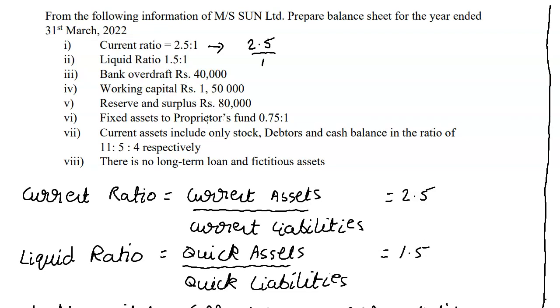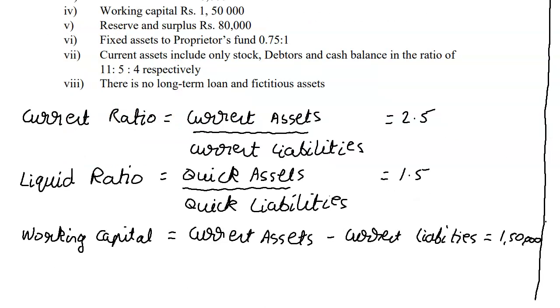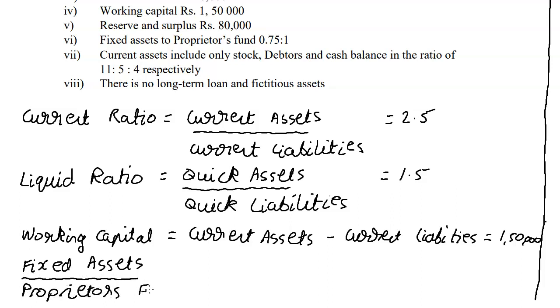Next, we have fixed assets to proprietor's fund. What's good about this particular ratio is that the name of the ratio is the formula. So fixed assets to proprietor's fund actually means fixed assets divided by proprietor's funds.